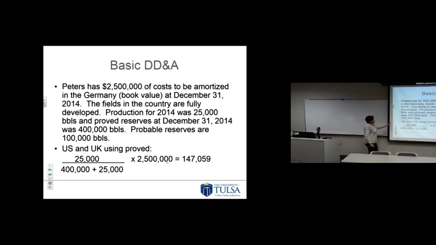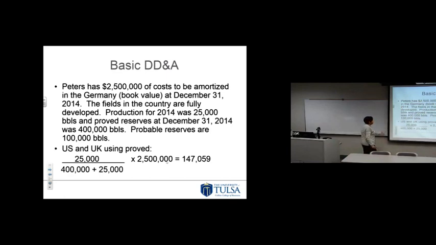But my production was 25,000 barrels, so here I put production in the numerator. My proved reserves in the country at the end of the year are 400,000 barrels. Remember, just like in successful efforts, I'm going to add back production to get to my beginning of year estimate. Before I started producing this year, I must have had 425,000 in proved reserves.